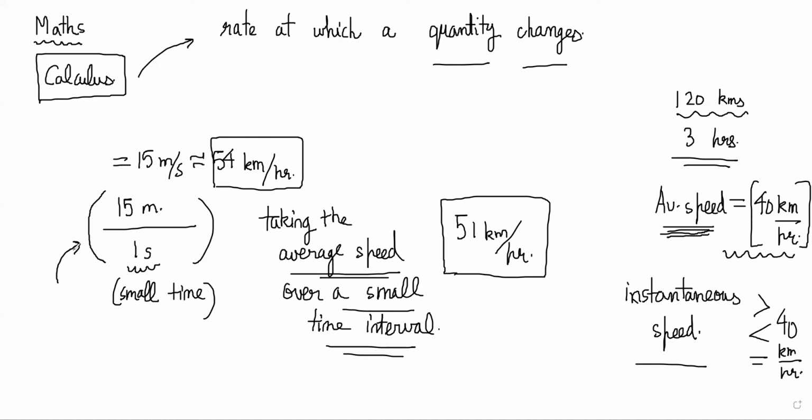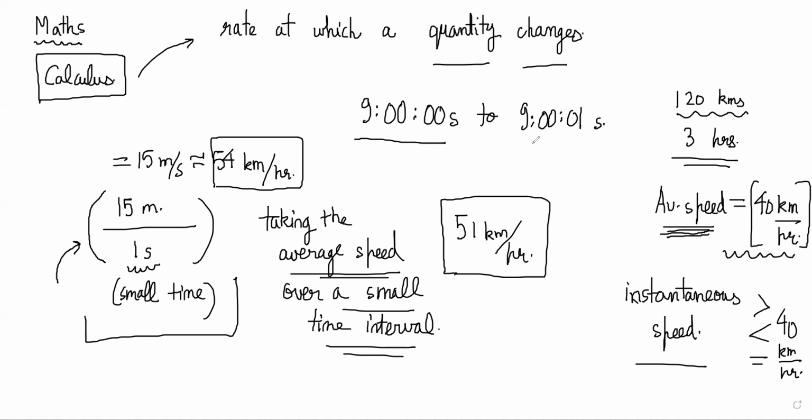Do you understand what I'm saying? Yes, sir. It doesn't really tell you what is the exact speed at a particular moment. There is a difference between that and what it has calculated here. This is the average speed over a time, let's say 9 o'clock and 0 seconds to 9 o'clock and 01 seconds.